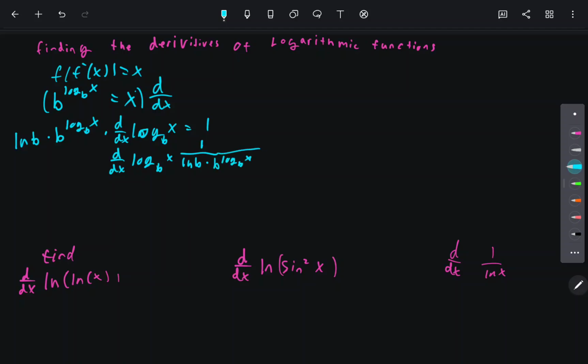Well, we know our properties of exponentials and logarithms because they're inverses. This here is just x. So we are left with the derivative of a logarithm base b is equal to 1 over the natural logarithm of b times x. Or sorry, times x.